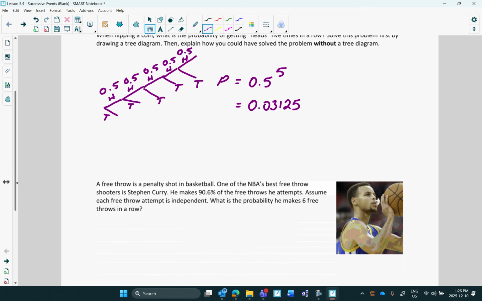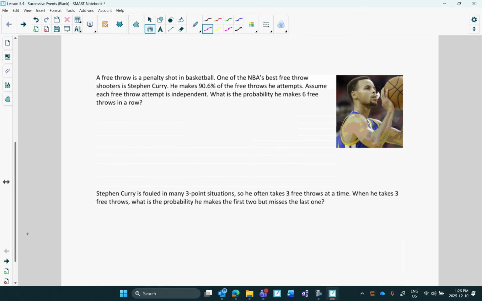Let's look at another example. Free throws in basketball. One of the NBA's best free throw shooters is Steph Curry. He makes 90.6% of the free throws he attempts. Assume each free throw attempt is independent, which means one free throw does not depend on what happened on the previous free throw.